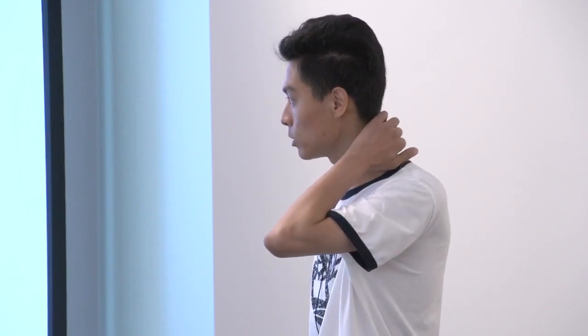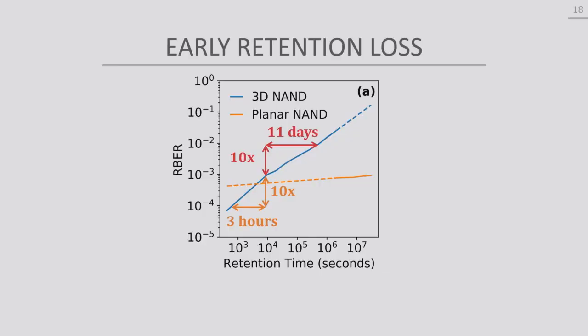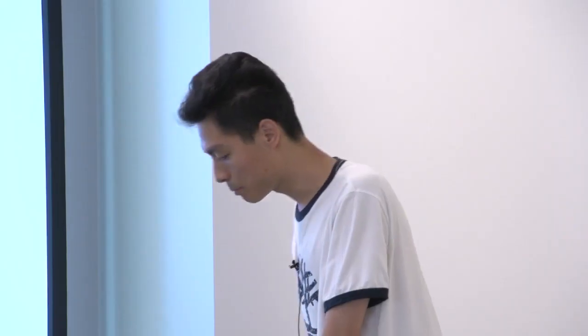And what's more, we also observe that the speed of the retention loss has a very interesting phenomenon. We can see that the raw bit error rate increases by 10 times, which is an order of magnitude, within just 3 hours after programming. And then the raw bit error rate increases by another order of magnitude after 11 days, and then by a third, and is expected to increase by a third order of magnitude after 3 years.